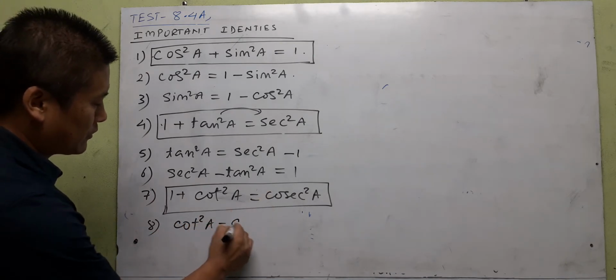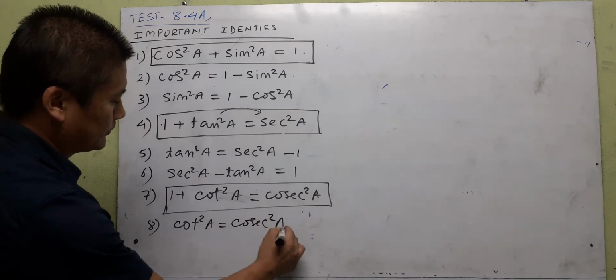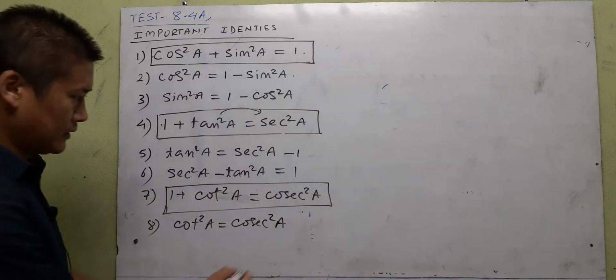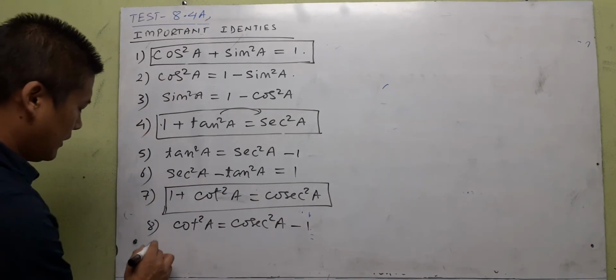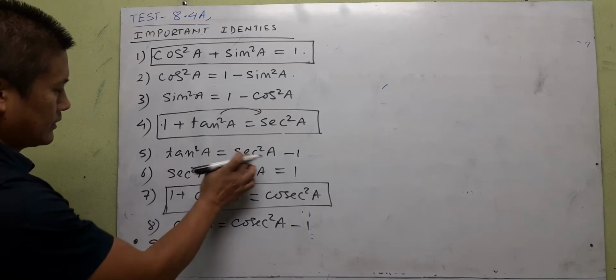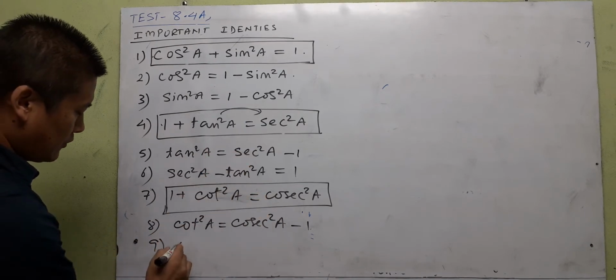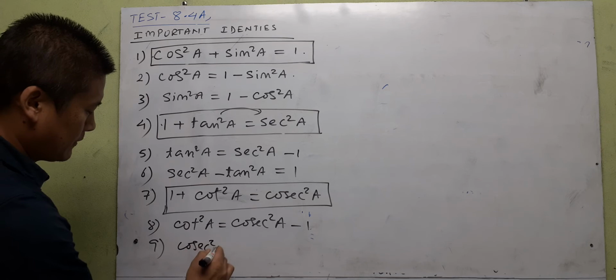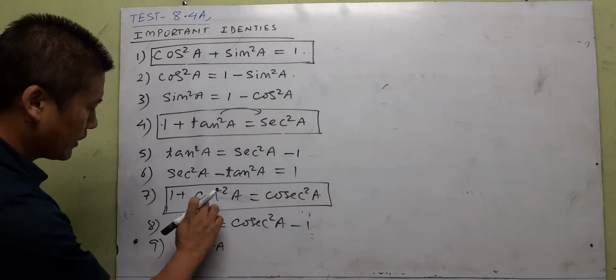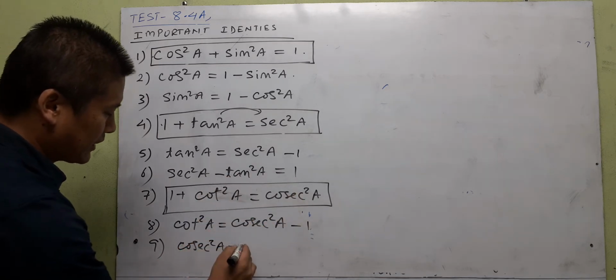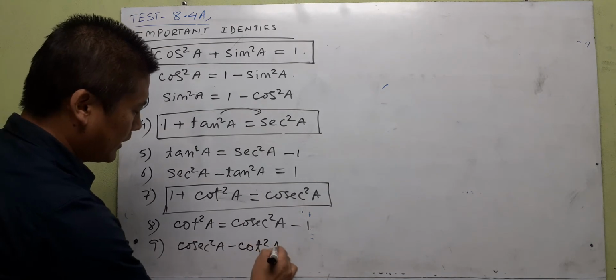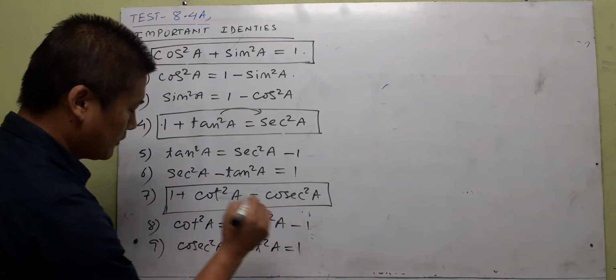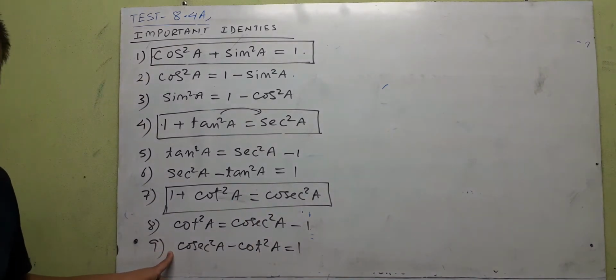And this one also don't shift, cosec square a, then plus 1 shift, minus 1. Just like this case, and then like this case, don't move this cosec square a, move this plus cot square to the right side, then minus cot square a, don't move this, so these are the 3, 9 now, right?